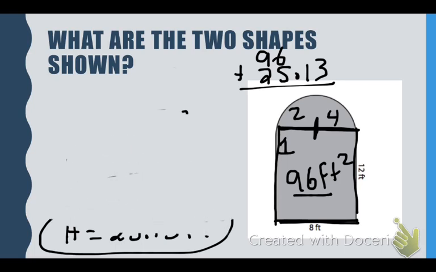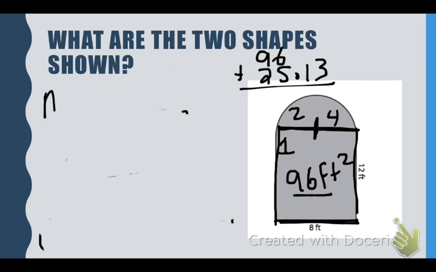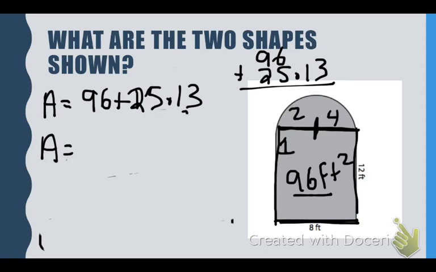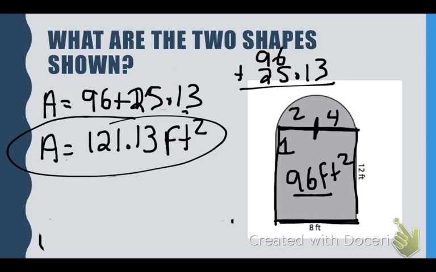So my final area, because I've added the two together, is 121.13 feet squared. That is my final answer.